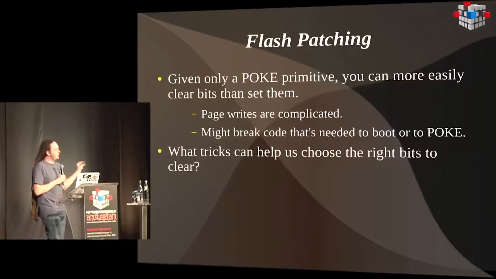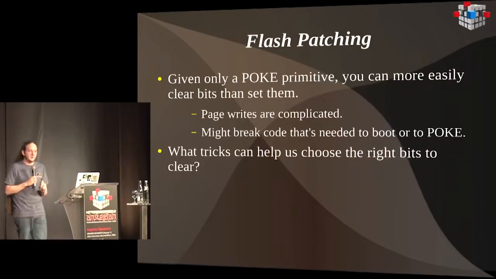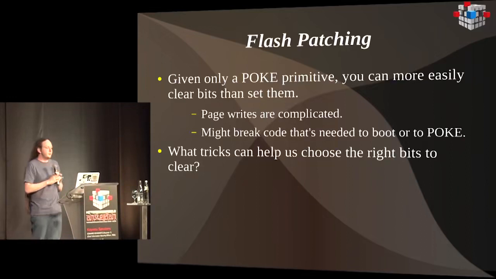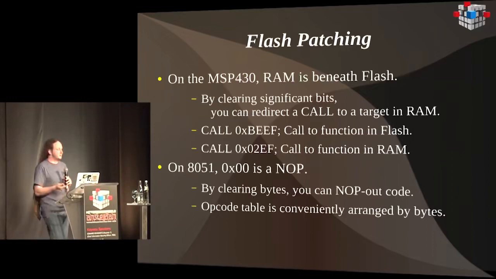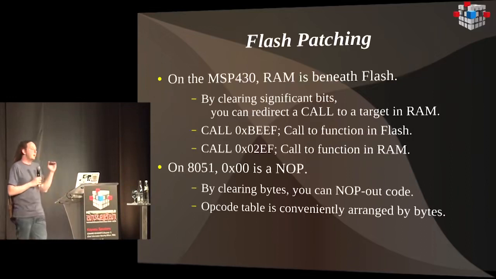And you can do this with only a poke primitive, because all you need to do is call the regular Flash writing functions. But you can't do an erase as easily as a write, because the erase might damage your poke primitive. So what tricks can allow you to know the right bits to clear? On the MSP430, RAM is beneath Flash.